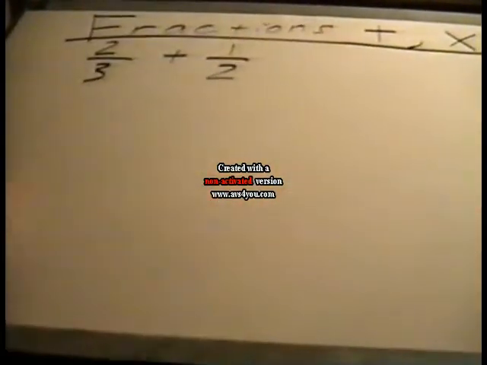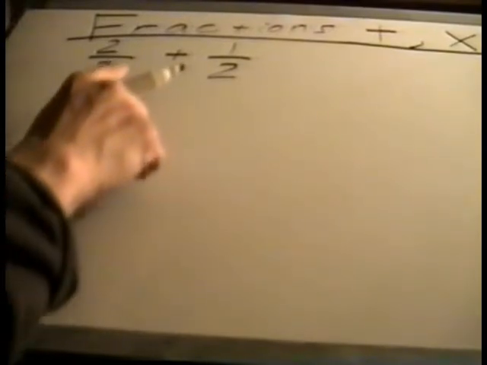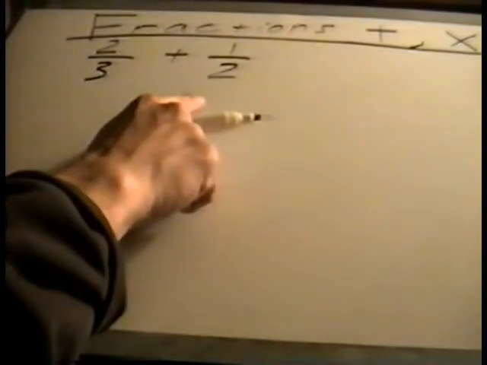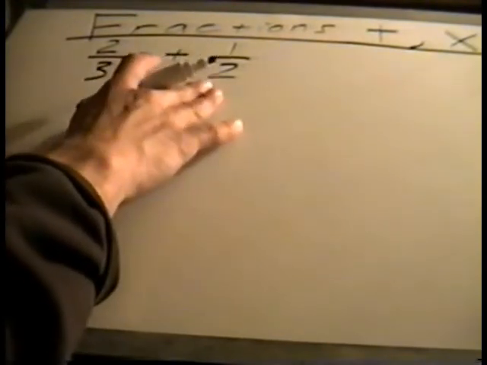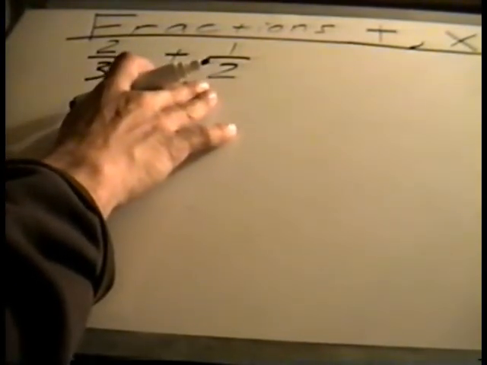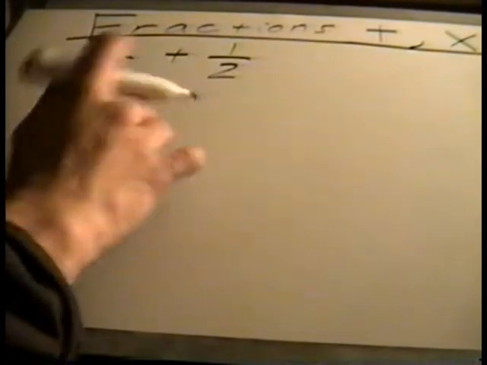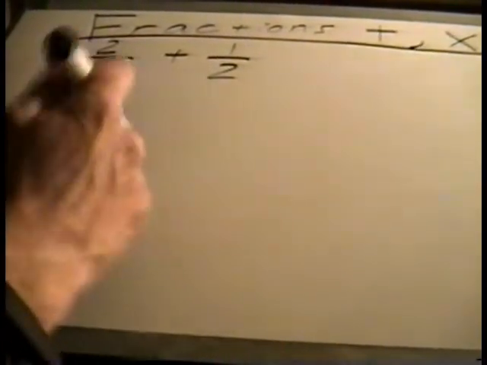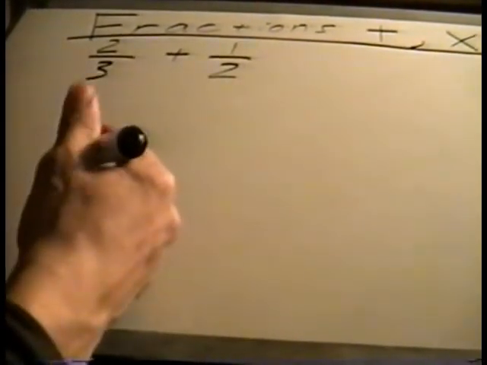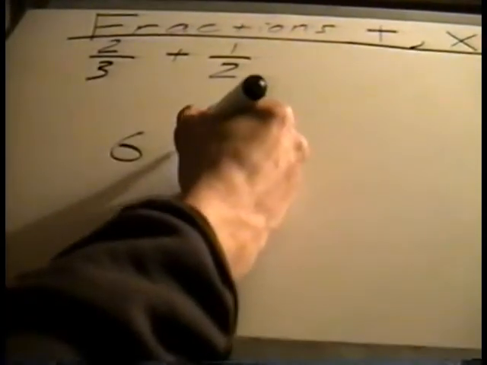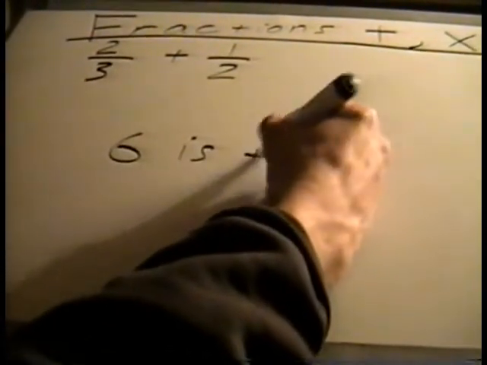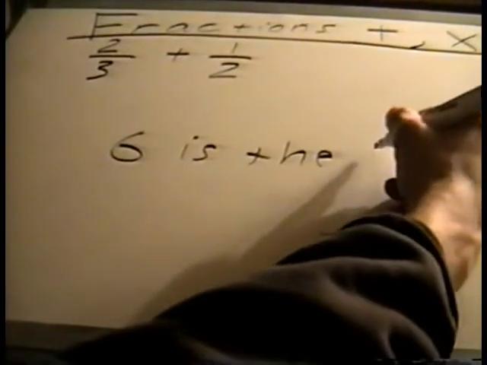You see, because also you could have 2 plus 3 equals 5. Now remember, every number is written as itself divided by 1. So we could have 2 over 1 plus 3 over 1 equals 5 over 1, or 2 plus 3 over 1.